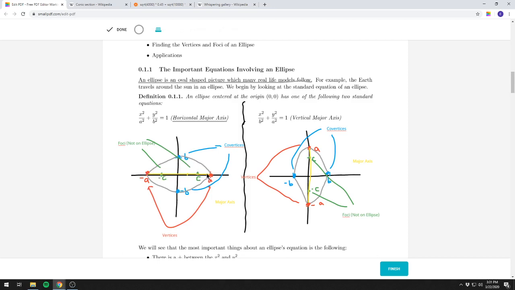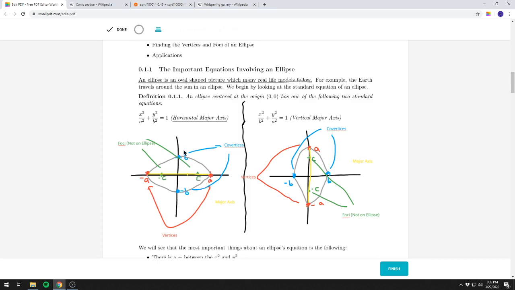And then somewhere in between here, there are these 2 special points labeled by the letter C and negative C. These are called foci. These aren't actually on the ellipse, but they are very important characteristics to the ellipse. But one thing that's very important about it is they live on the major axis. So wherever your major axis is, your foci must be there as well.